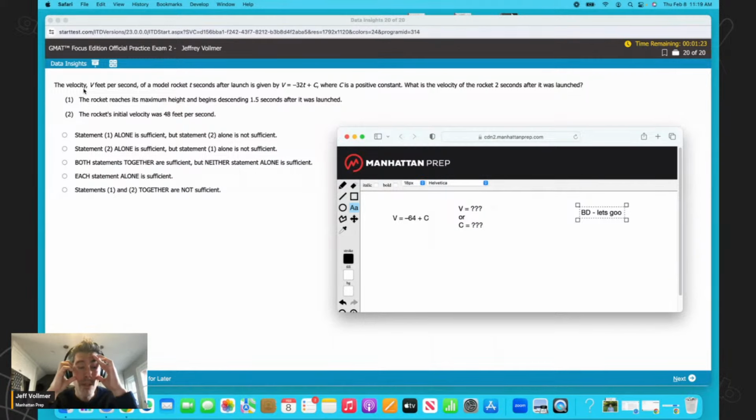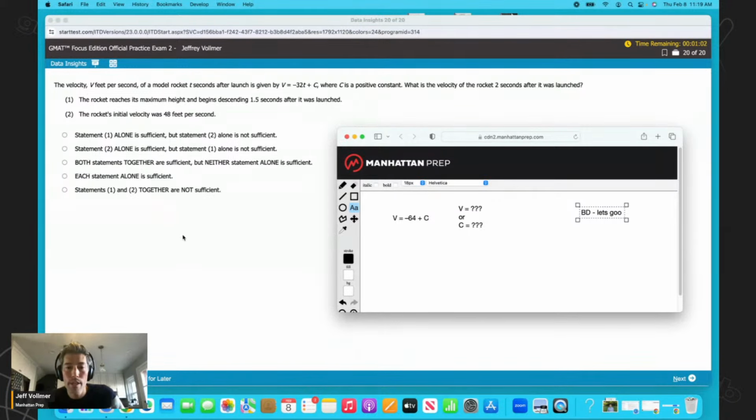I'm just trying to see if there's any tricks here. Okay. I guess what they're trying to imply here is maximum height is where the rocket pauses on the way up and comes on the way down. So it stops momentarily at its maximum height. And if it stops, its velocity is 0, right? So basically when time is 1.5, the velocity turns to 0.